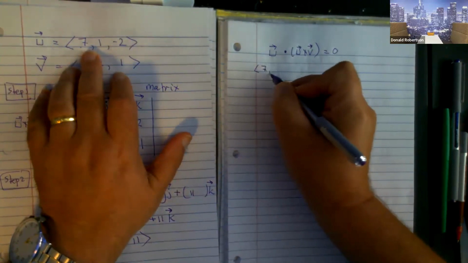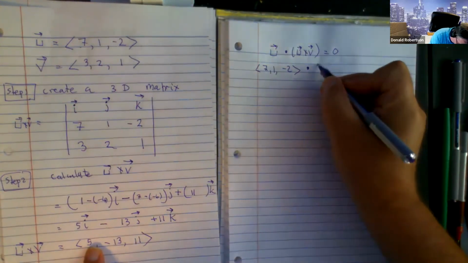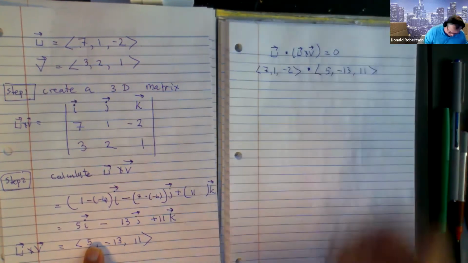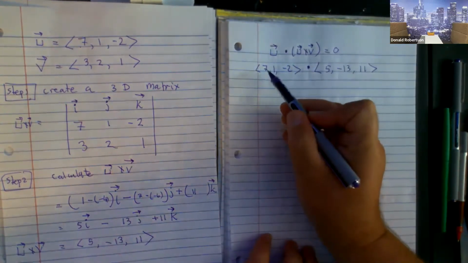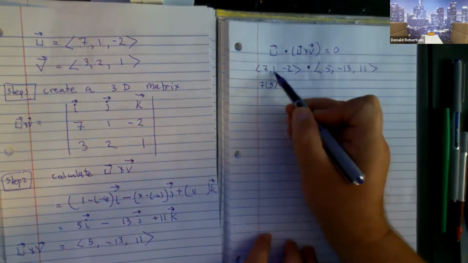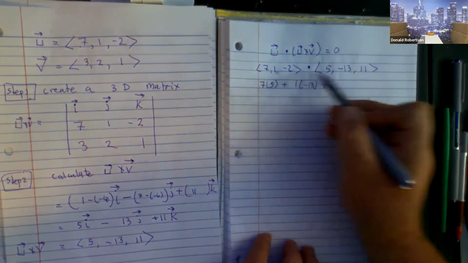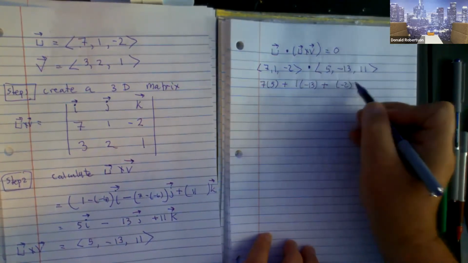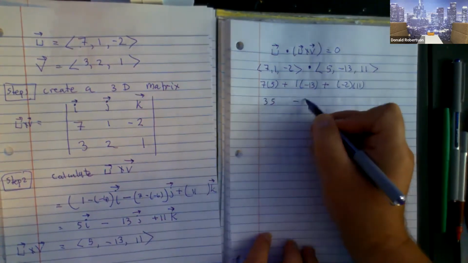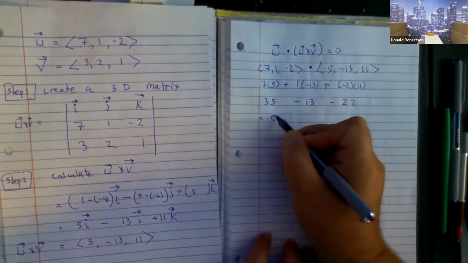So it's going to be 7, 1, -2, dot product with this fella, 5, -13, 11. Right, dot product, 7 times 5, plus 1 times -13, plus -2 times 11. This guy is 35. This is take away 13. This is take away 22. Am I good or am I good?